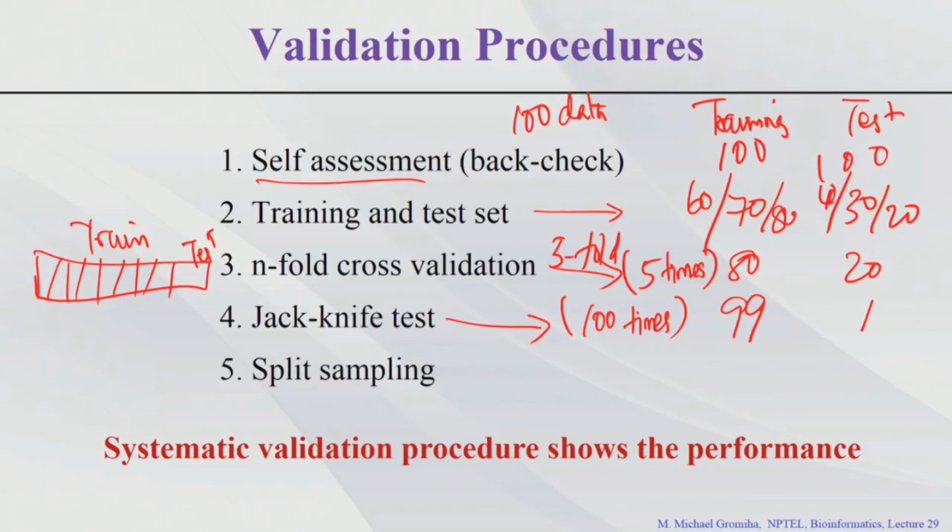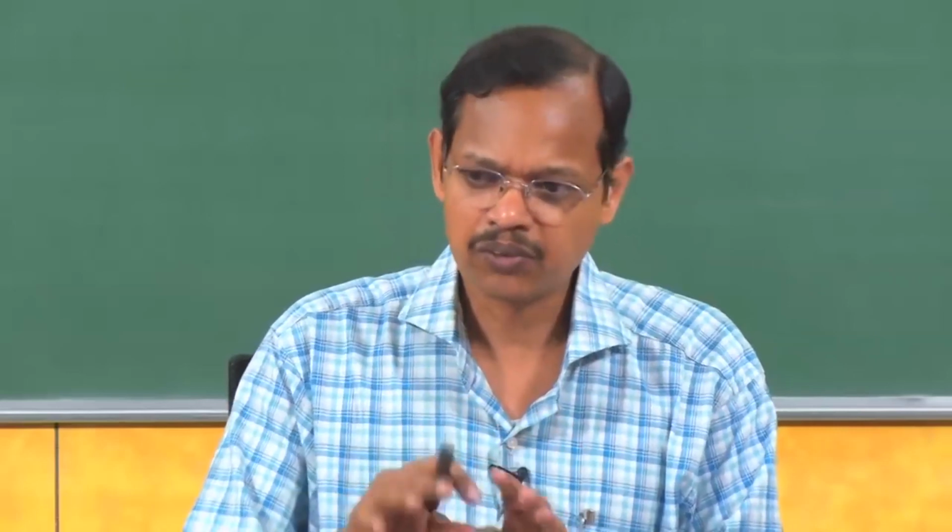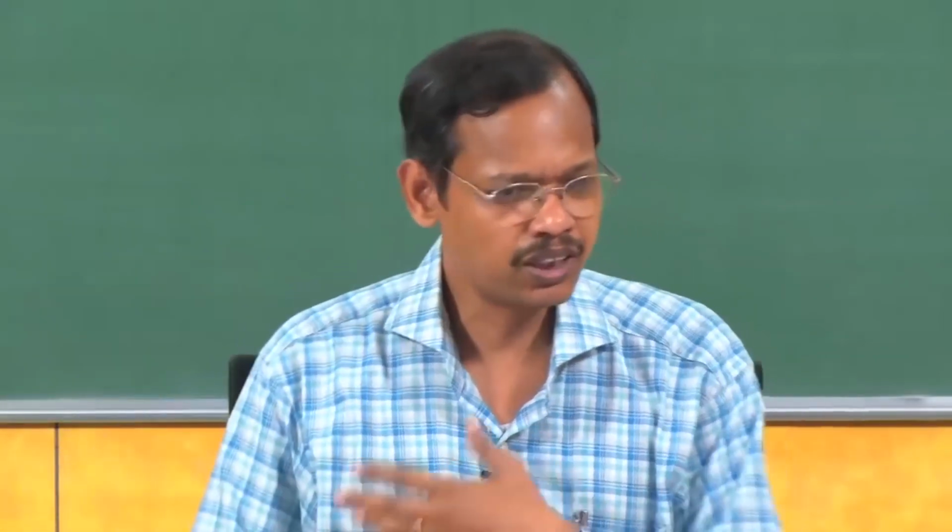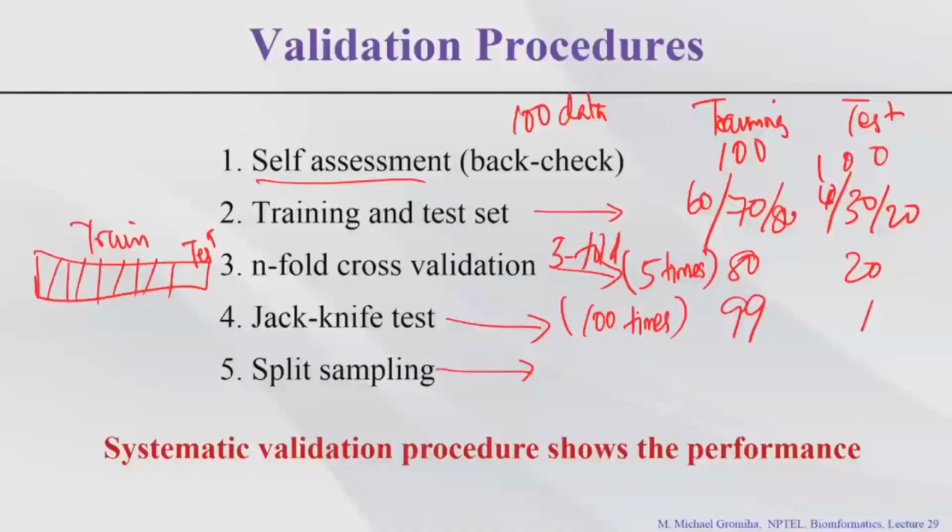Then there is split sampling, which is random: you randomly choose some set of data for training and get the features, develop a model using that, and use the model to predict the remaining ones. You can take any random split, for example 65-35, any numbers you can take.